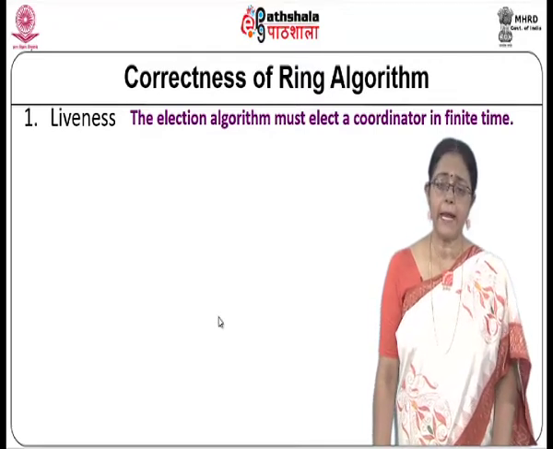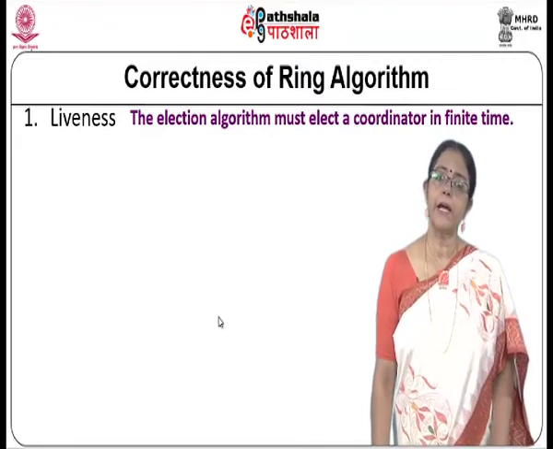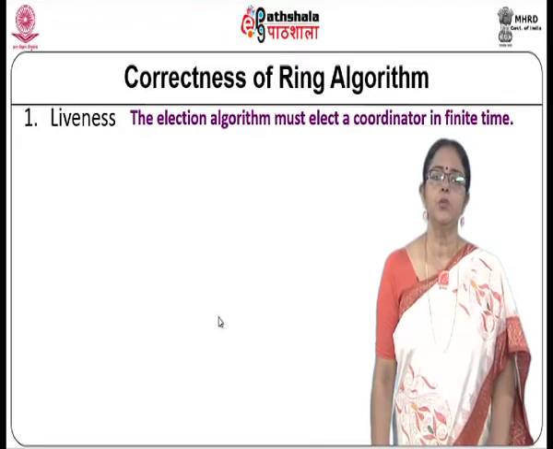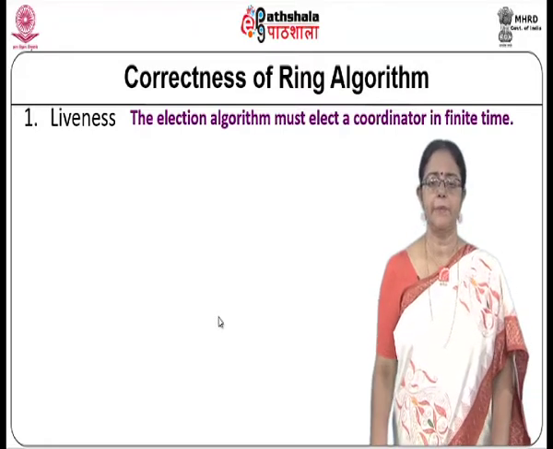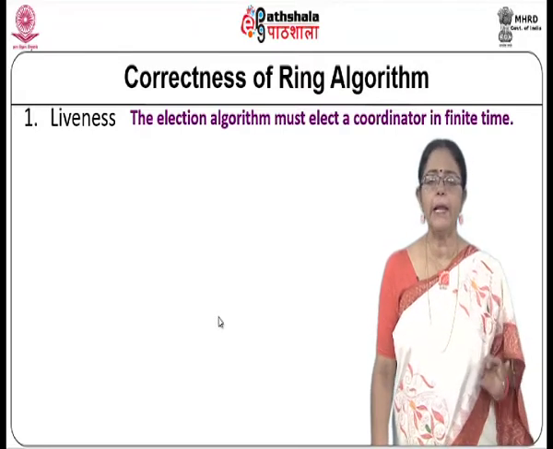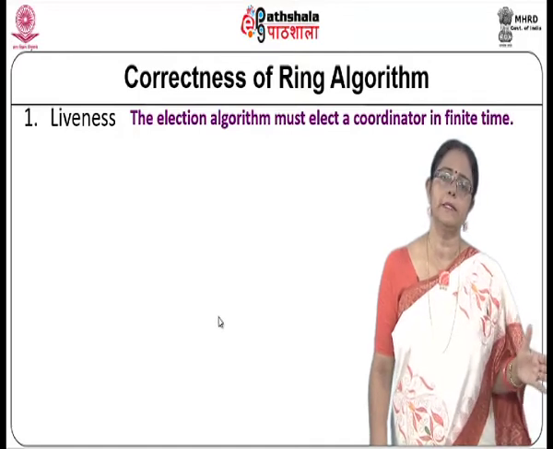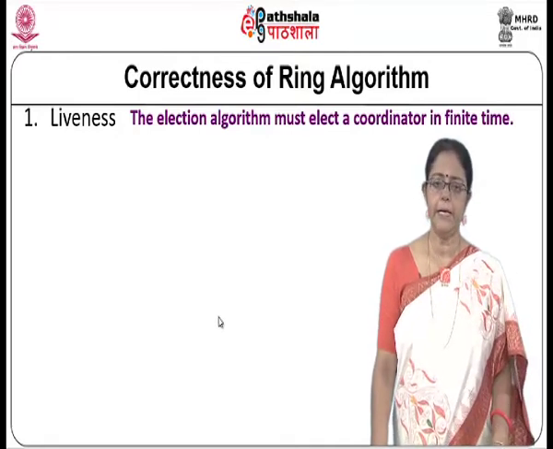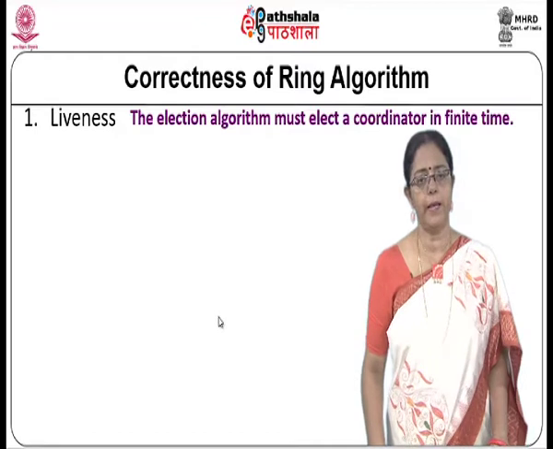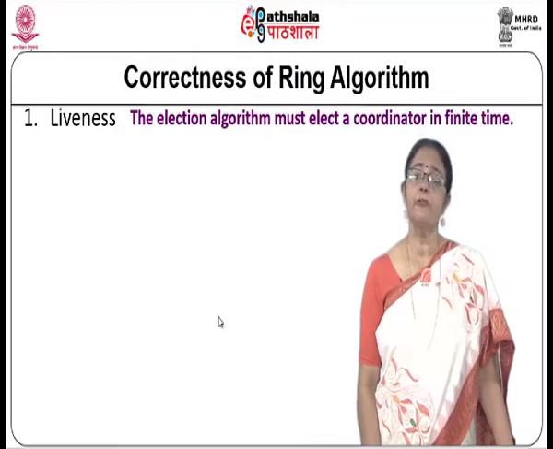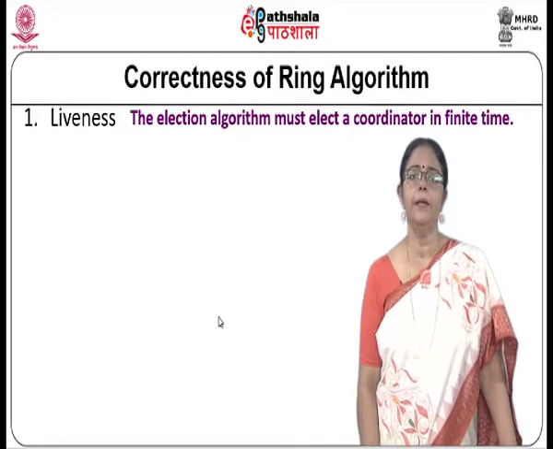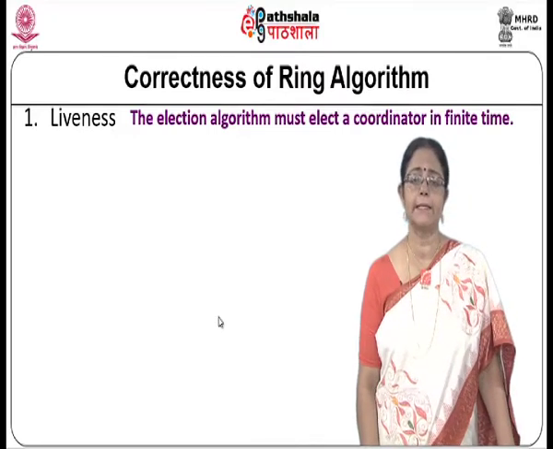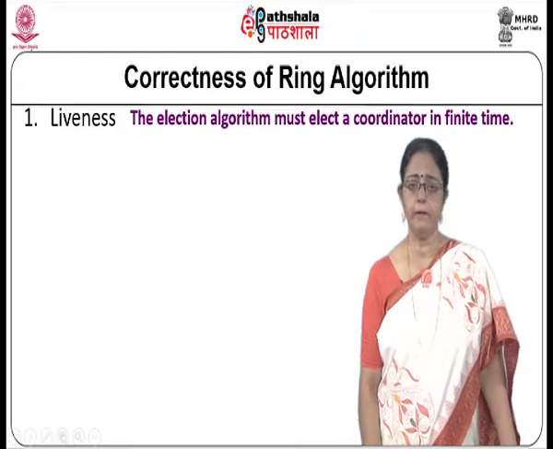If we can calculate the amount of time it is going to take to execute something, then we say that it is being done in finite time. Infinite time, on the other hand, is something that cannot be calculated. So, we have to show that our ring algorithm can elect the leader in finite time.